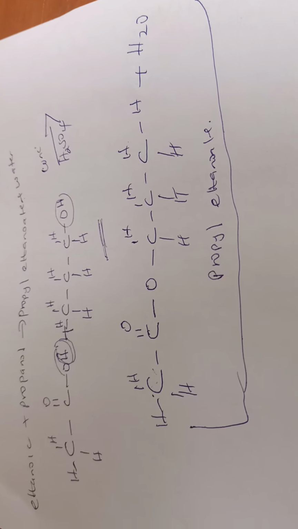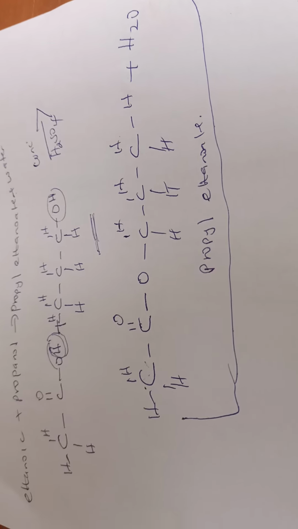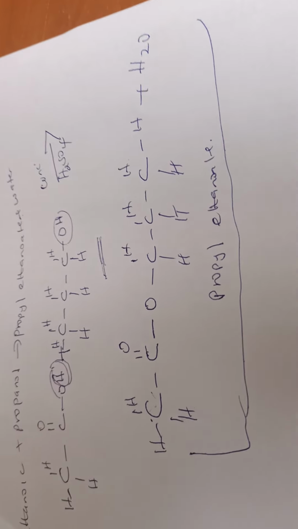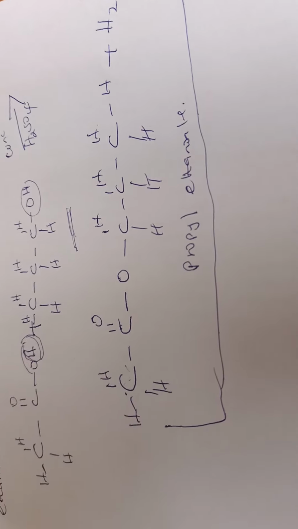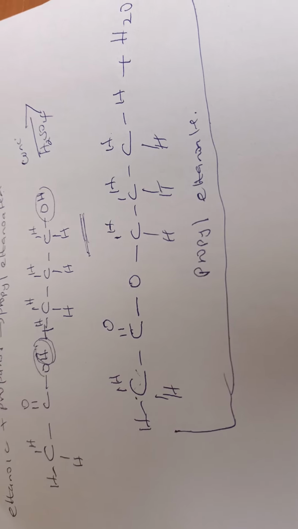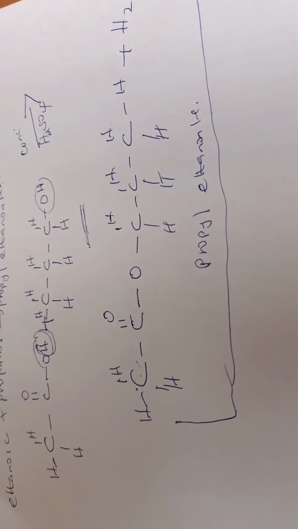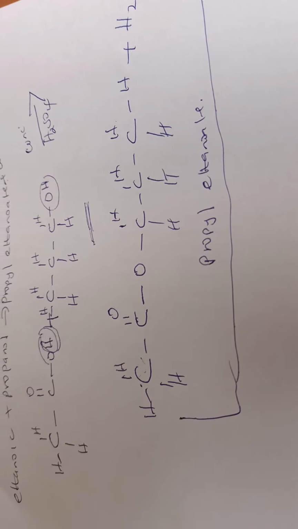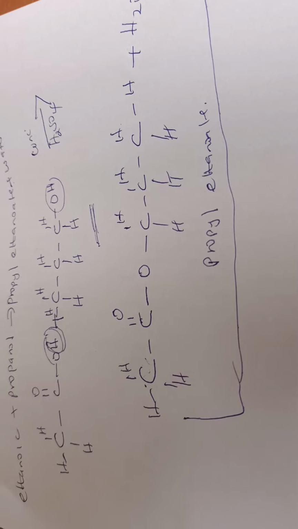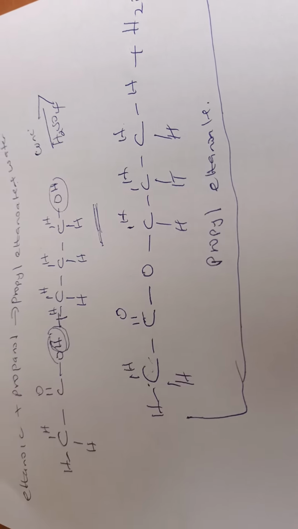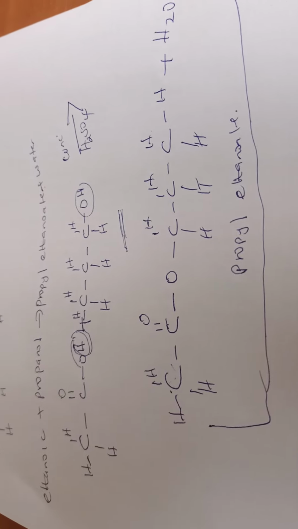But when it comes to naming, we start from the alcohol, then it ends with the acid. That is the ester, the substance with a pleasing smell, a process we call esterification. The condition necessary is concentrated sulfuric acid. So that's how we form an ester.